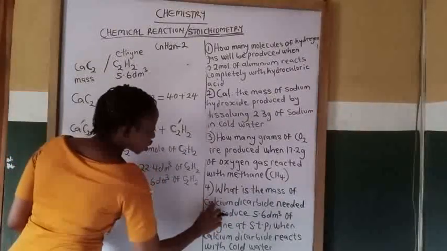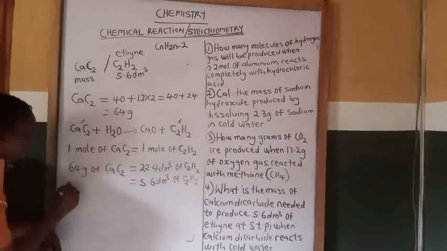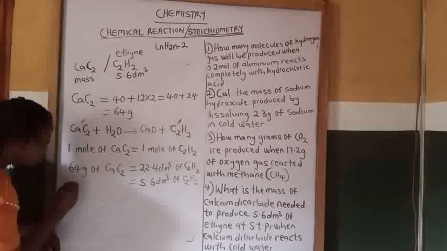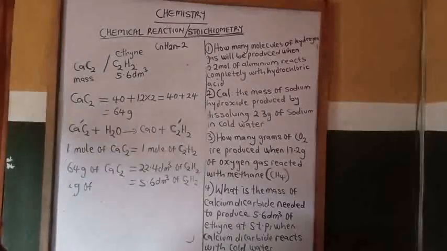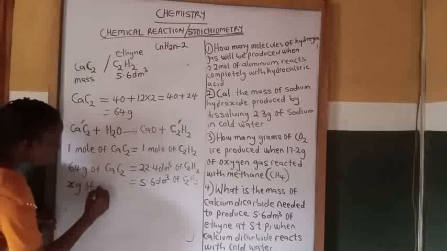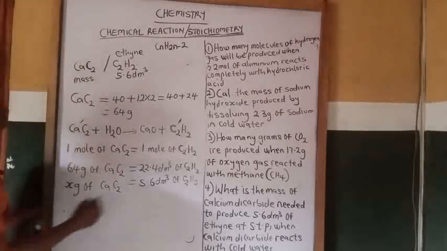So you write under calcium dicarbide, x gram of calcium dicarbide. Then we cross multiply.